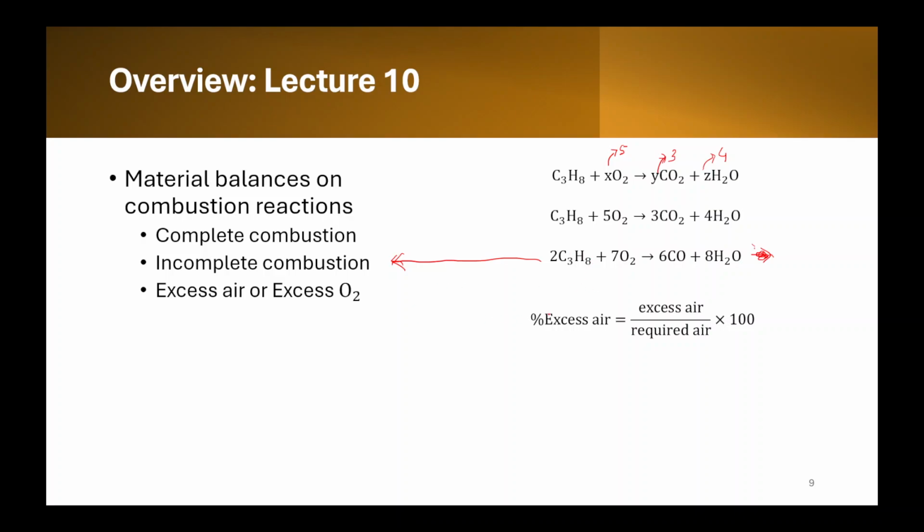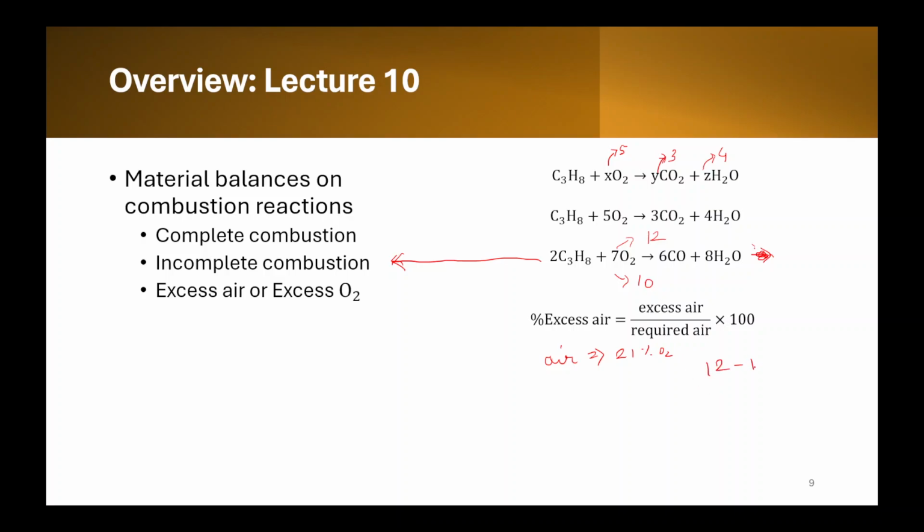And then the concept of excess air or excess O2. For combustion, you may supply air or oxygen, because air also contains 21% O2. So it may be excess air or excess O2. Suppose for 2 moles of propane, you supply 12 moles of oxygen, while the required amount is only 10.